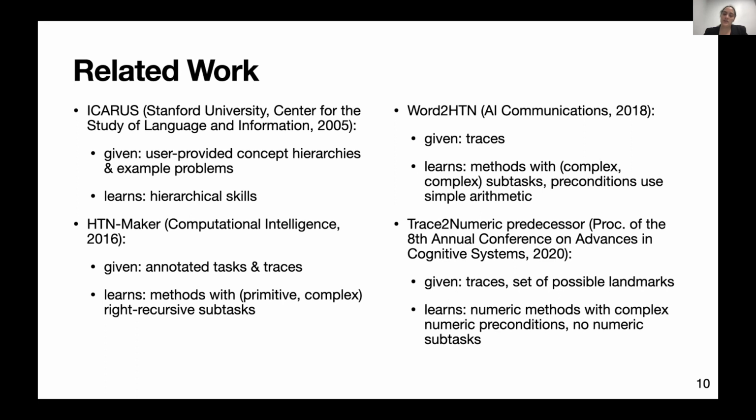It took in traces and a set of possible domain landmarks to help guide it, to help it discard inappropriate landmarks. And it learned numeric methods with numeric preconditions, but it wasn't capable of learning numeric subtasks. So that's an addition that we've added for this work.